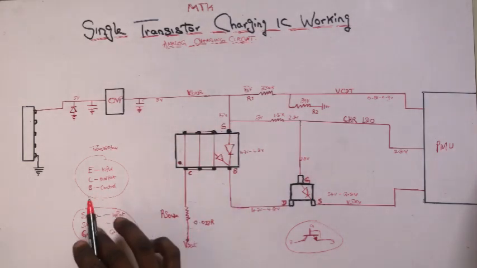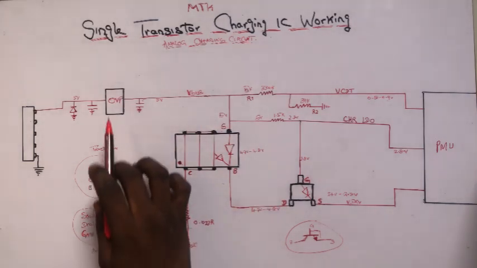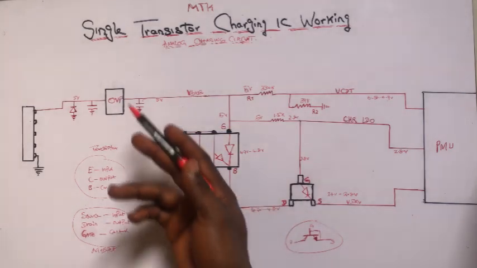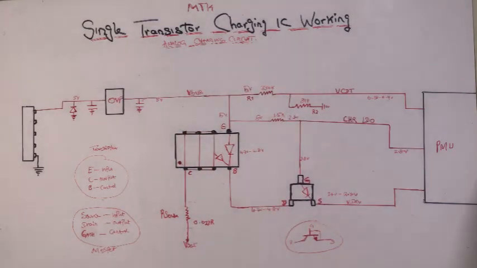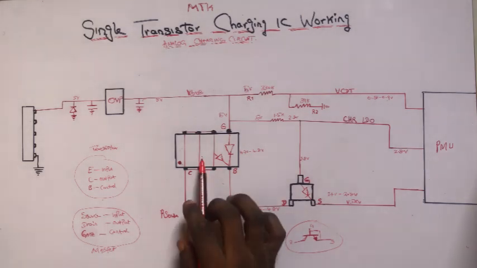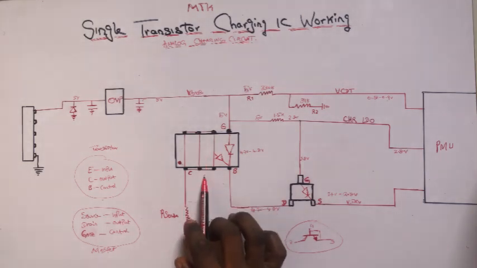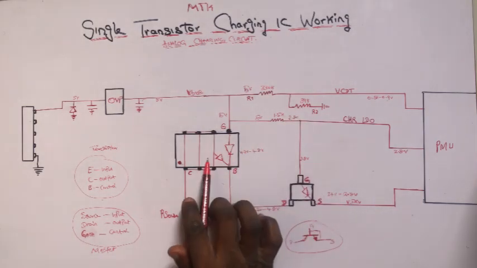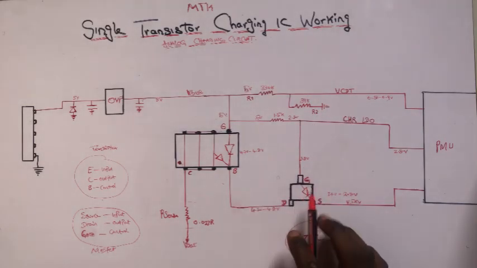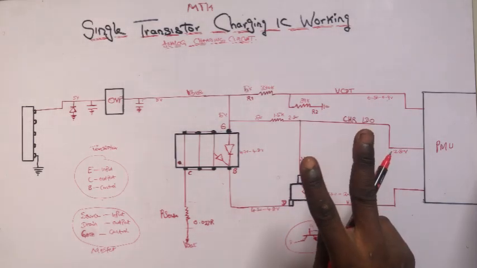This is our MediaTek charging IC, and this type is a single transistor charging IC. But we also have a double transistor charging IC. In the double transistor charging IC, you will get two transistors here. This transistor will be 2, and this MOSFET will also be 2.